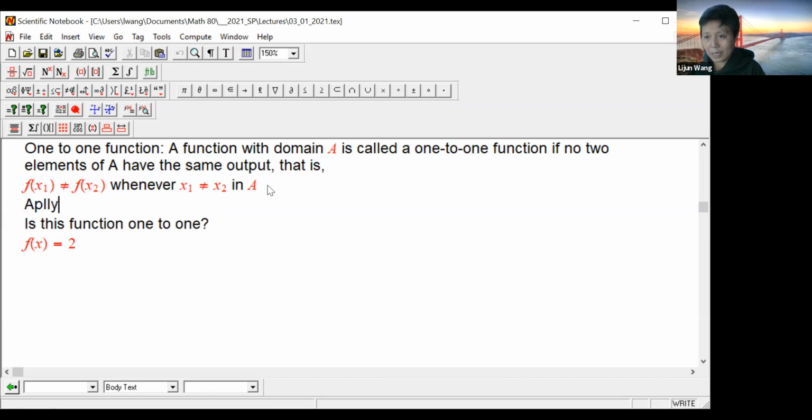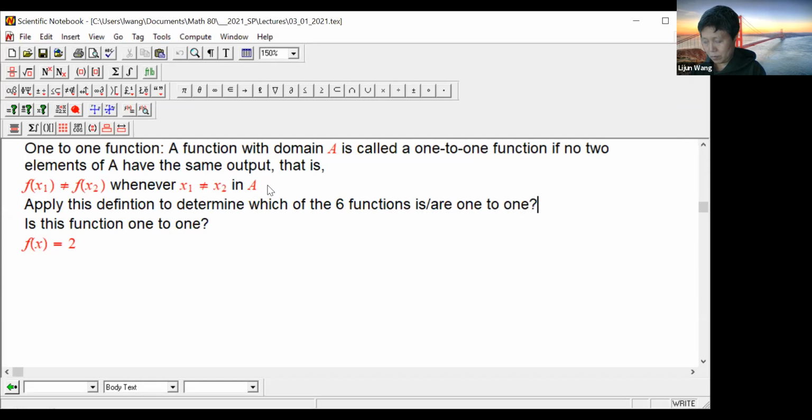So we're going to apply this definition to determine which of the 6 functions are one-to-one. So is this function one-to-one?